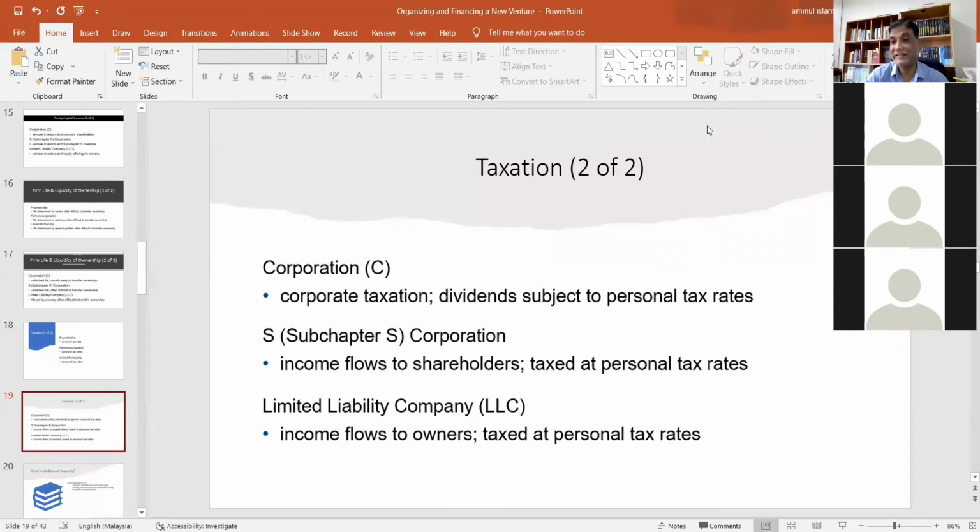So there are two different tax elements there. One is corporation tax based on the corporation earnings at the end of the year when accounts are finalized. And you as an individual, me as an individual, if you bought shares from a company, we will be subjected to personal tax for the amount we receive as dividend. Okay, that's personal income.